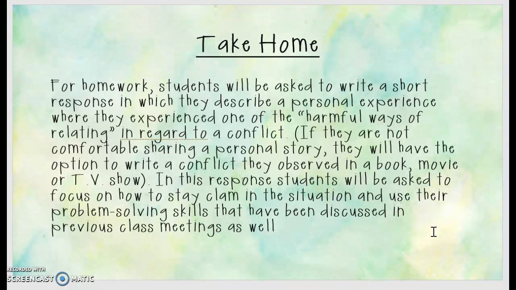And in the response, I would look for them to explain how the conflict was resolved or how they think it should have been resolved based off of the conflict resolution skills that we would be talking about in class and building on with lessons like this.